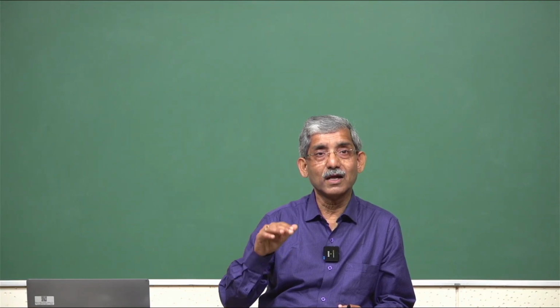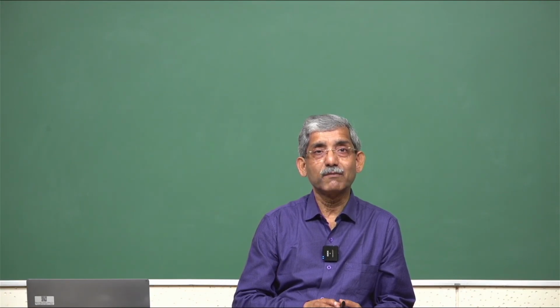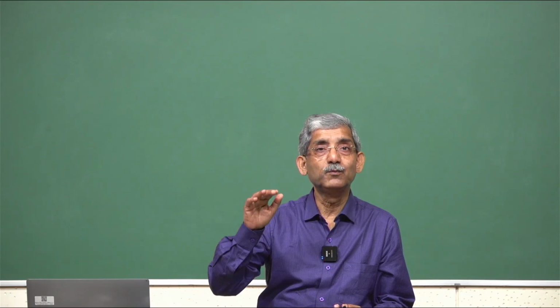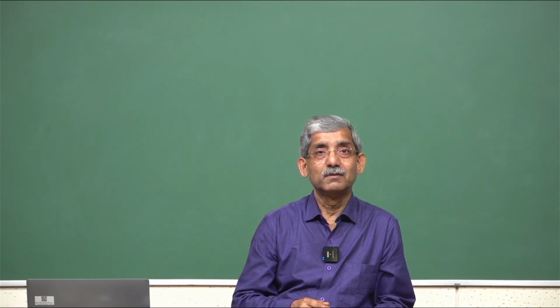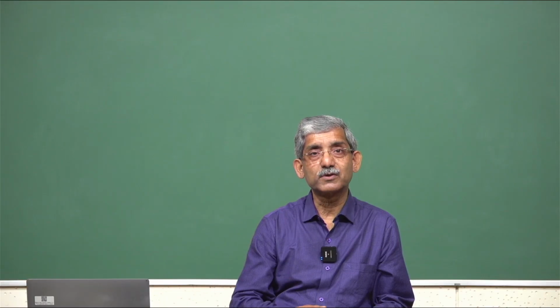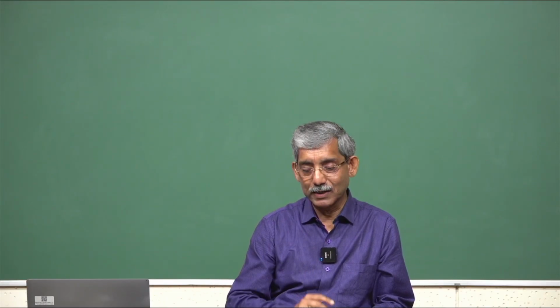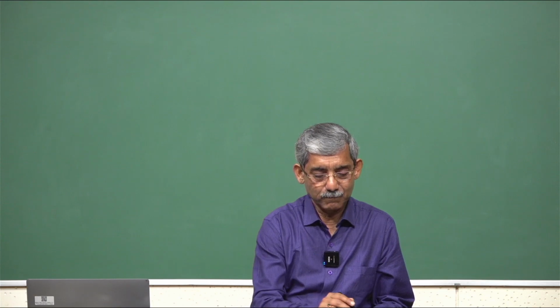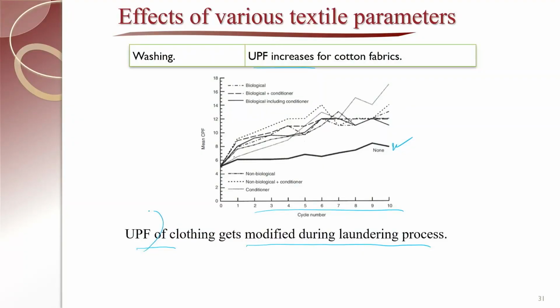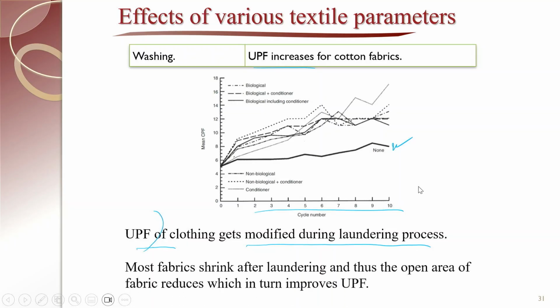So, with laundering they get removed, and effectively the UPF should reduce, but the study report shows that it is increasing, mainly due to the shrinkage of the fabric. Most fabrics shrink after laundering, thus the open area of the fabric reduces, which in turn improves the UPF, otherwise there is no reason.